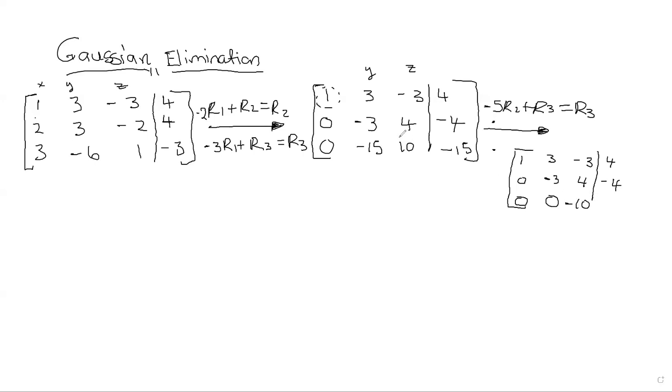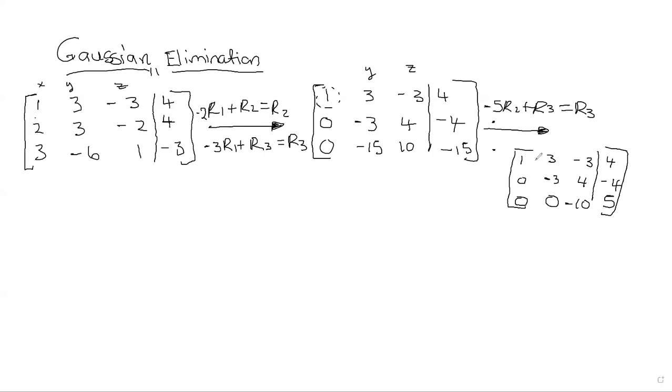Then minus 5 times minus 4 is plus 20, plus minus 15 is 45, right? And then we are almost done.